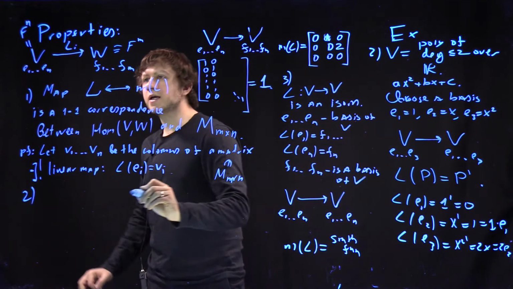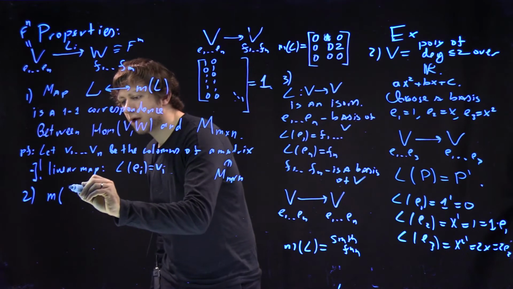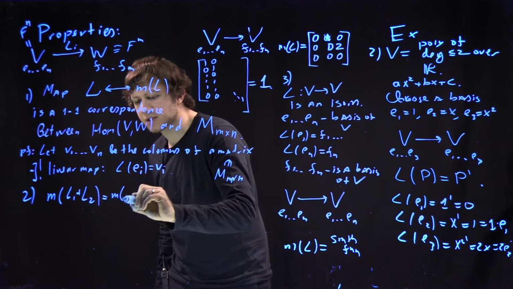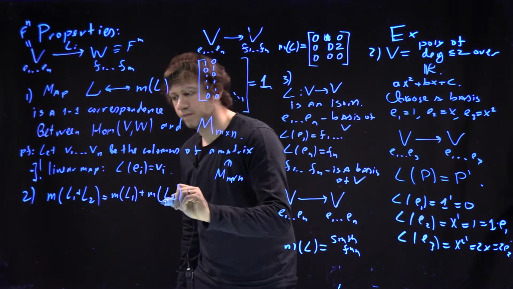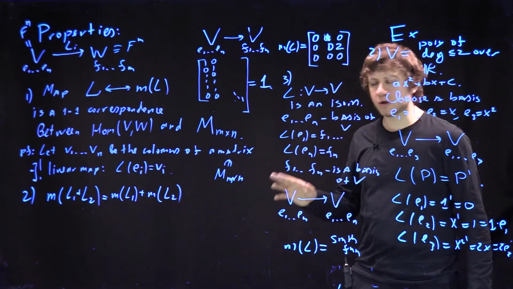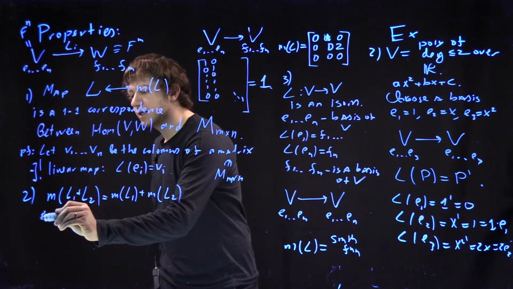And then we can take all these different operations. So for instance, you can take the matrix of L1 plus L2, and that of course will be the same as matrix of L1 plus matrix of L2. That's just because if you look at the formula, it behaves in this way, so I will leave it as an exercise.